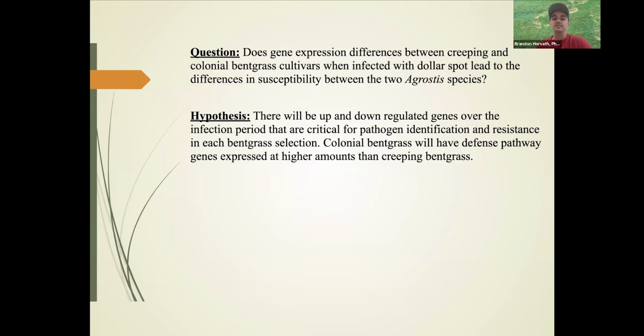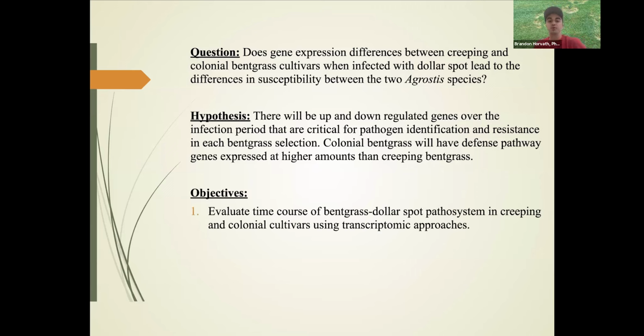So my hypothesis for this study was there will be up and down regulated genes over the infection period that are critical for pathogen identification and resistance in each bentgrass selection. The colonial bentgrass specifically will have defense genes that are expressed at a higher amount or even unique from the creeping bentgrasses.